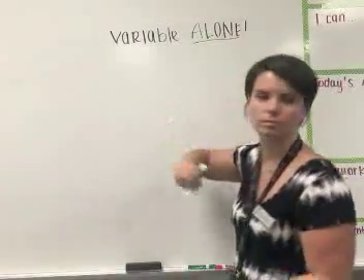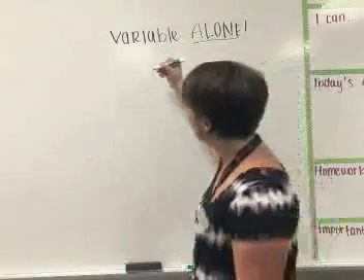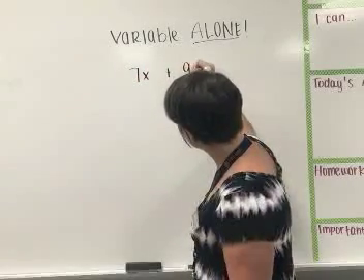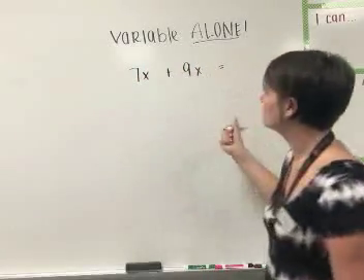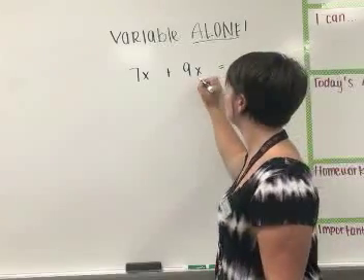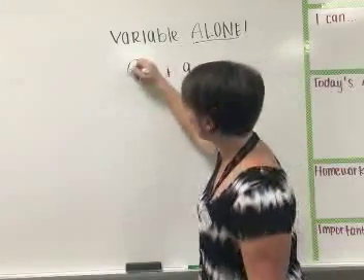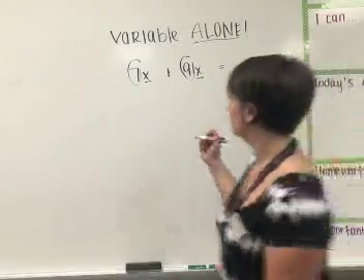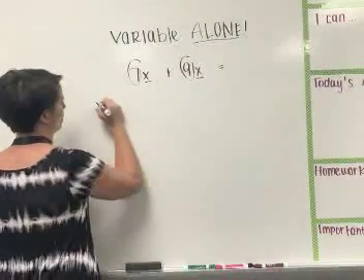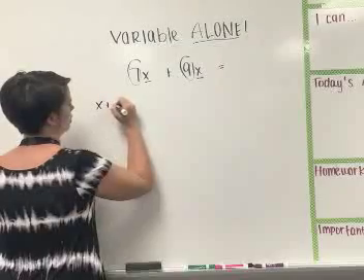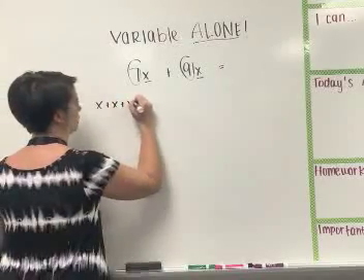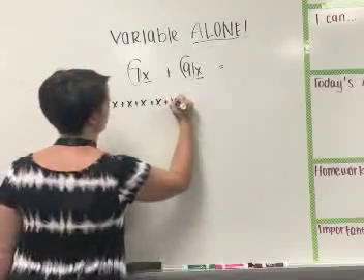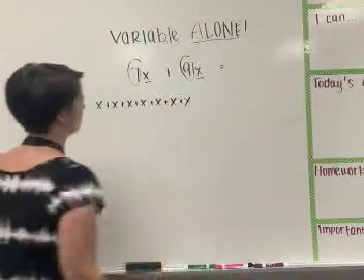So what if I have 7x and 9x plus 9x, I get what? They're like terms, they both have an x. And we both have a coefficient, right? Means I have 7 x's. 1, 2, 3, 4, 5, 6, 7.